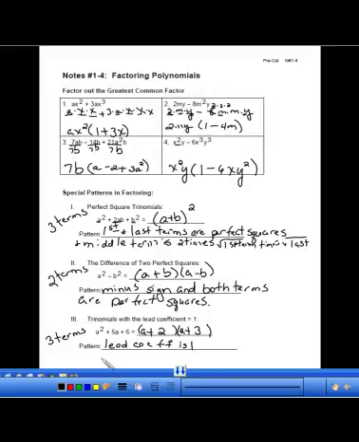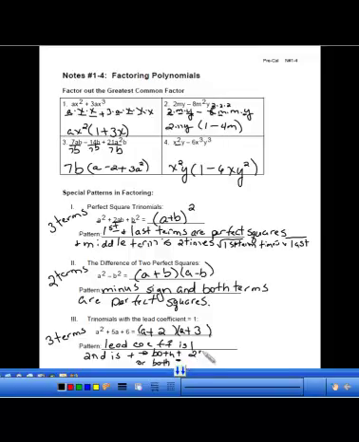If the second sign is positive, both terms are positive or both are negative. But in other words, if the second sign is positive, the signs are the same.